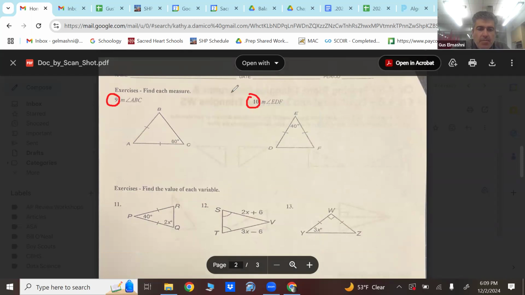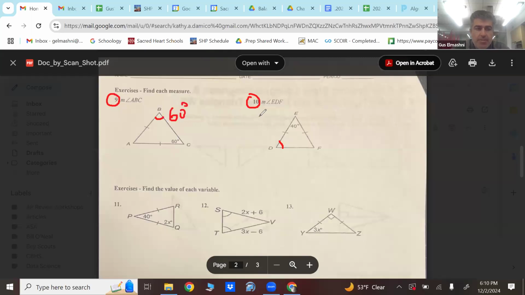Okay. So you want to find the measure of angle ABC. You want to find the measure of angle EDF. So what do you think about number 9? 60. Good. They're all 60.